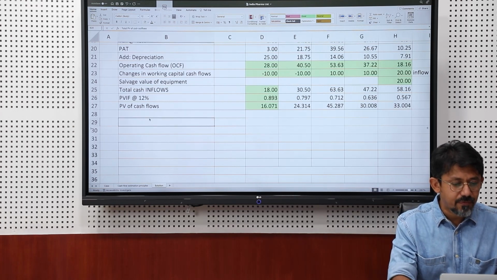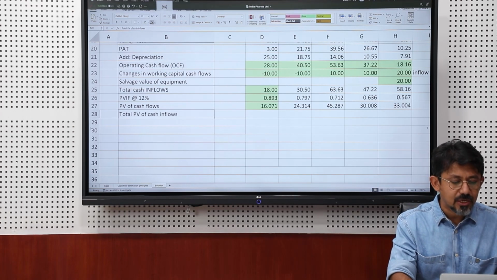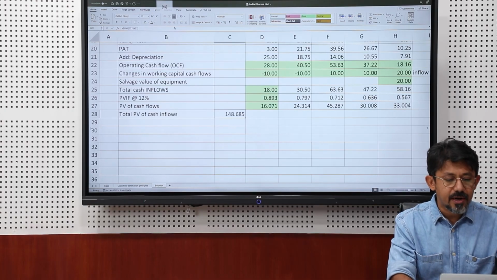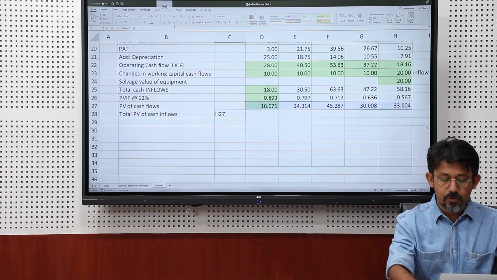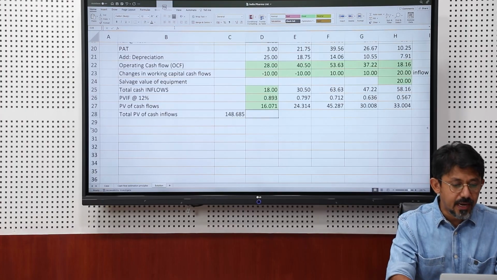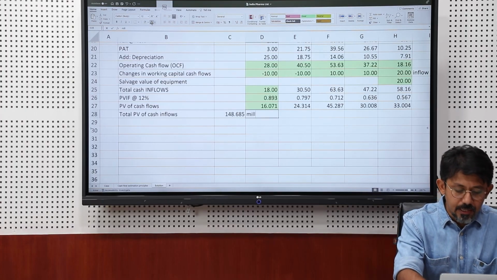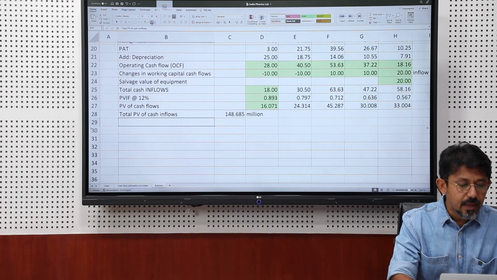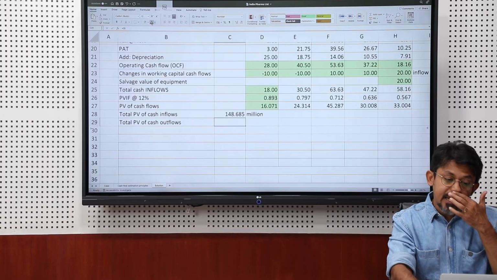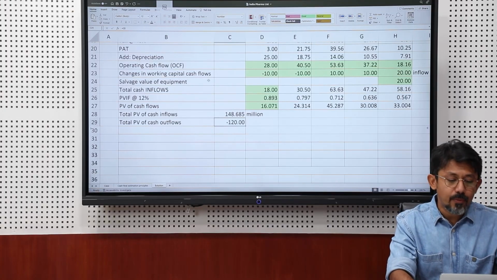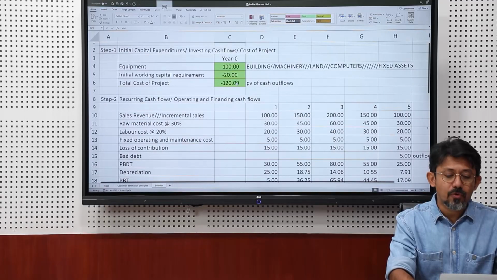So, my total present value of cash inflows is 148. It's a summation of all of this, 148 million to be precise, less my total cash outflows were 120 million. That's from step 1 over here.